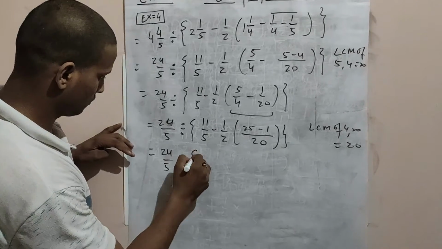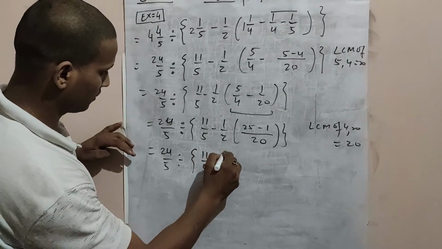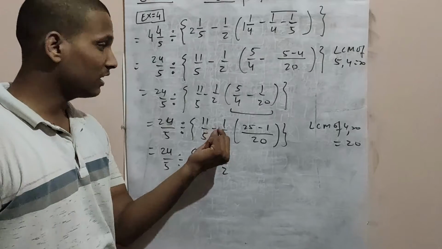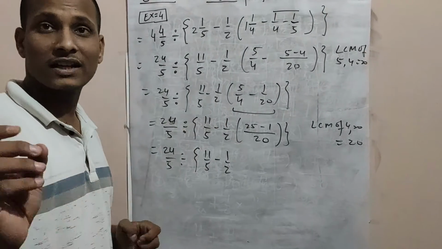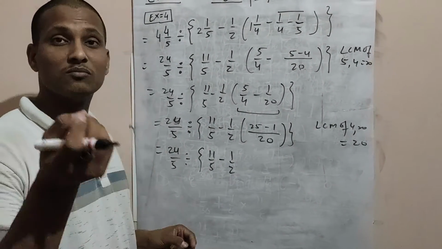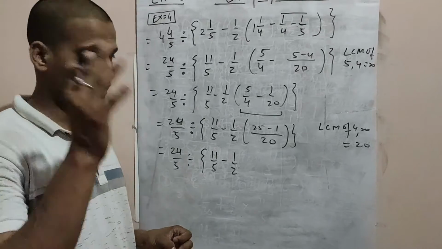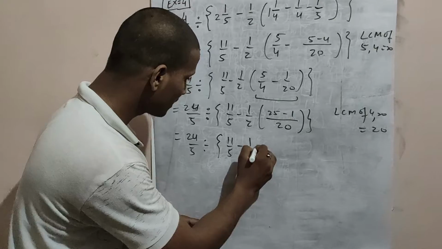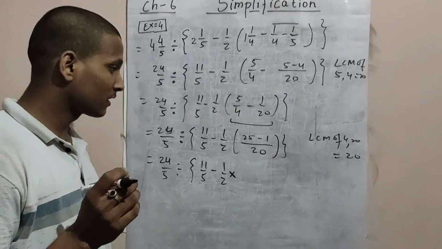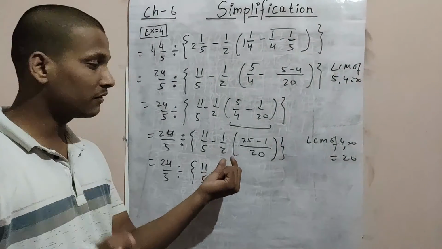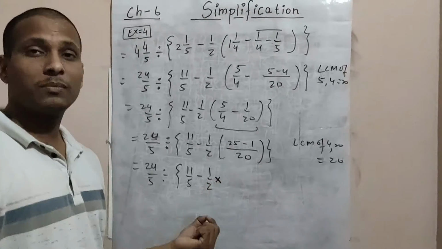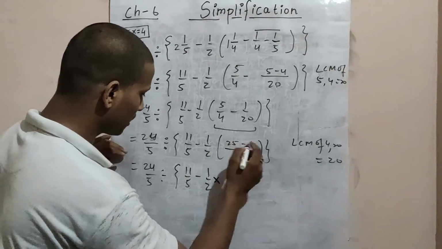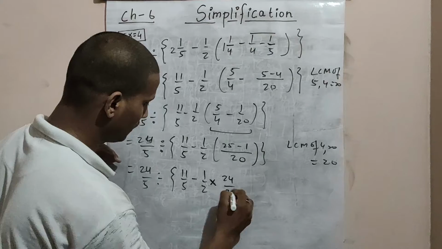Okay. 11 by 5 minus 1 by 2. See that clearly, here no sign is there. Where no sign is there, we assume multiplication or product. So after removing the bracket, we need to put the multiplication sign here. If no sign is there and a value is given after the bracket, you need to multiply the value. So this becomes 24 by 20.